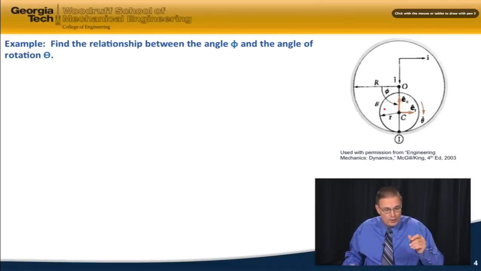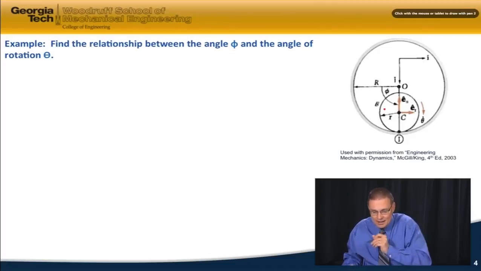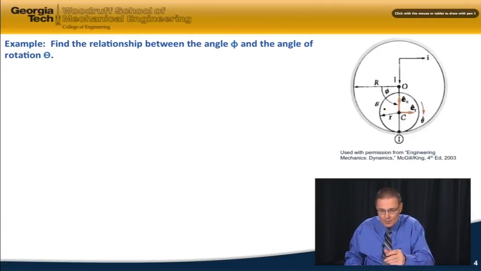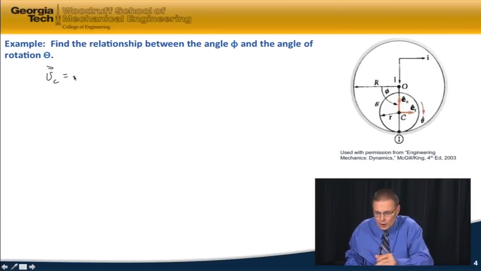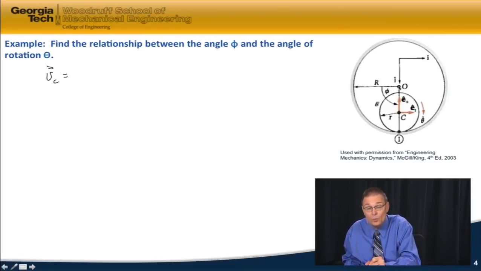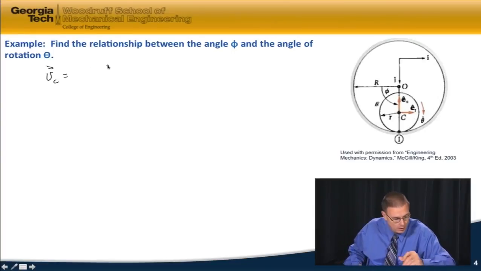Looking again at the center of the wheel, which is our friend, I can say V of C is equal to, if I go from the center of the fixed cylinder, where the velocity equals 0, down to the center of the wheel, the radius is big R minus little r.